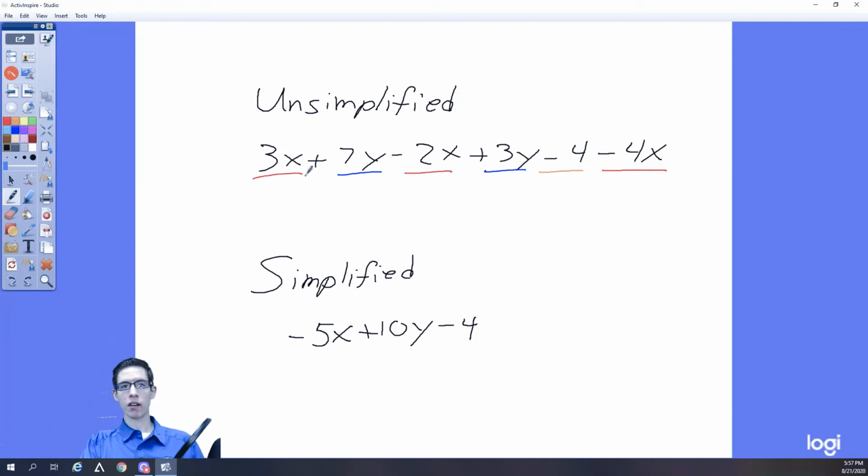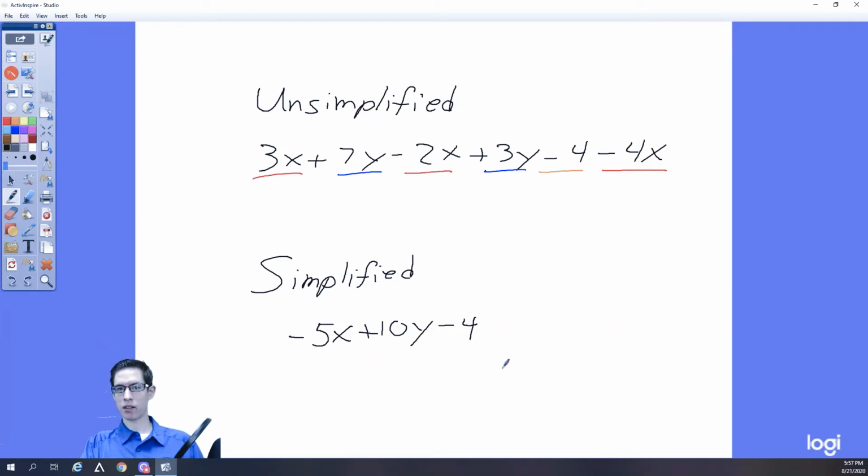We got this term here with the coefficient 3 and the variable x. This one here, coefficient 7, variable y. The negative 2 and the x here, the 3 and y, the negative 4, and then the negative 4x.